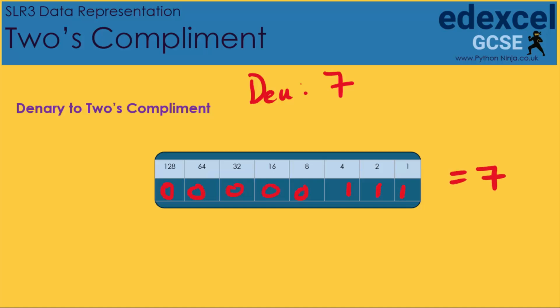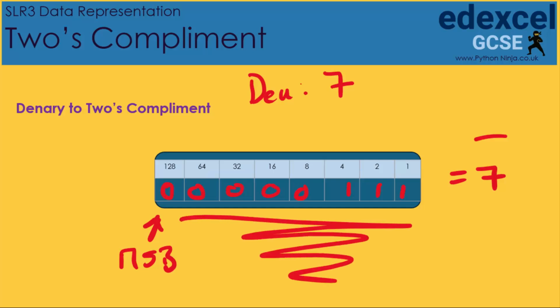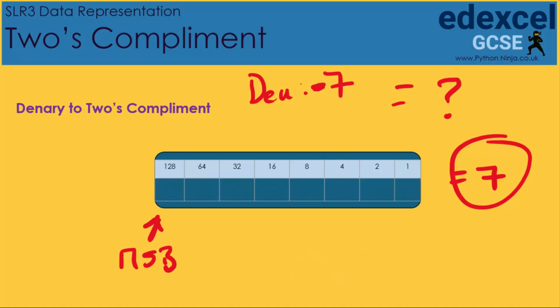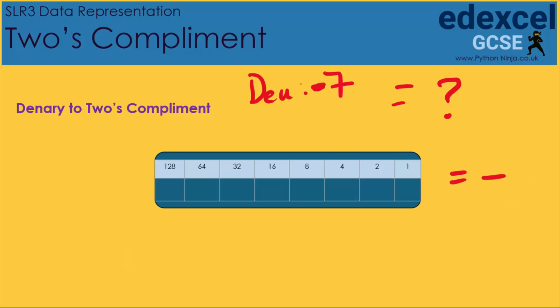We know that a signed integer uses a most significant bit with the value 0 in it, so we don't need any fancy tricks for this positive number. It's only if we are trying to work out a negative denary value. So what is denary minus 7 as a signed integer binary number?